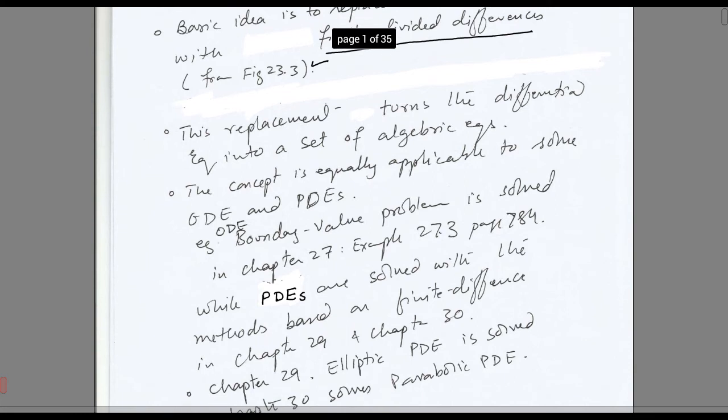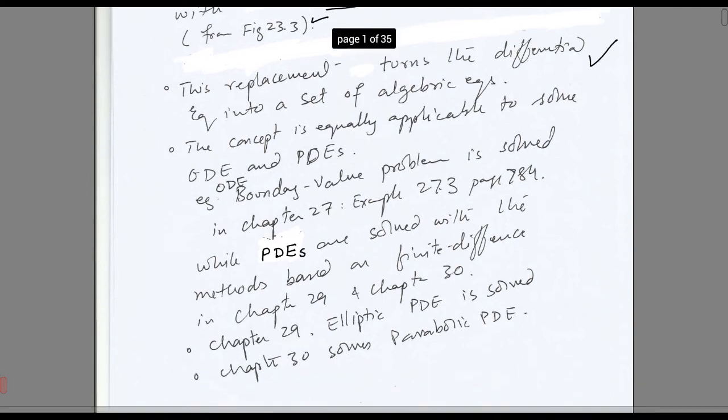This replacement turns the differential equations into a set of algebraic equations, and these algebraic equations can easily be used to solve the ordinary differential equations and the partial differential equations. For example, ordinary differential equation boundary value problems are solved in chapter 27.